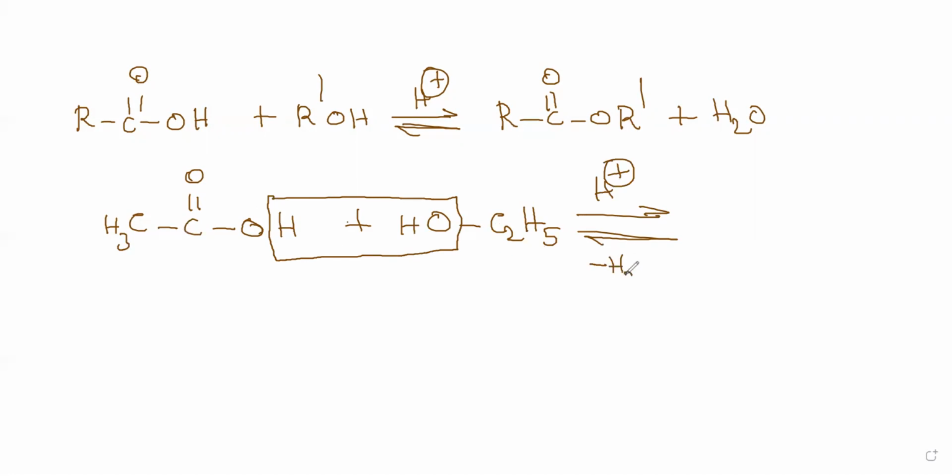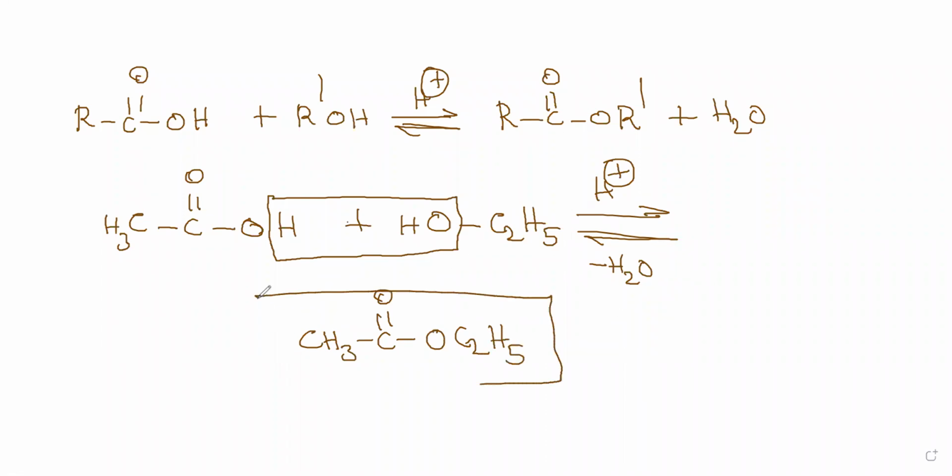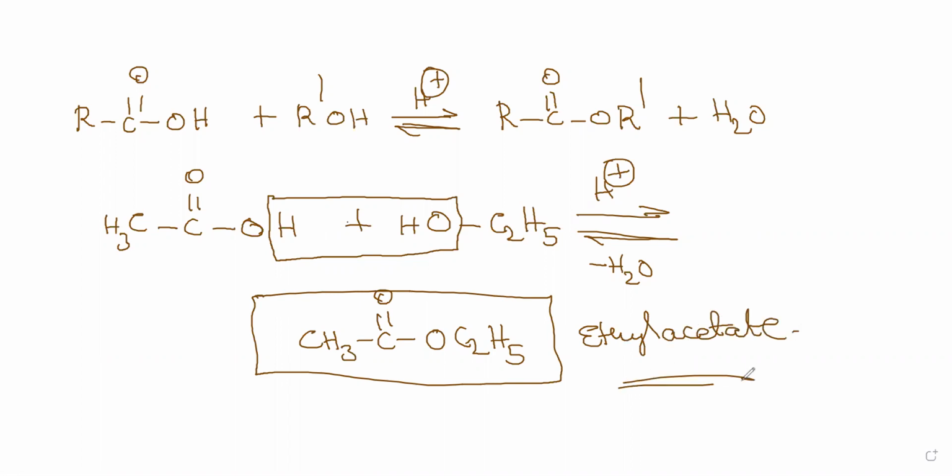In the presence of an acid, both coupled together get dehydrated. So you get CH3COOC2H5, with the loss of water. This is called ester. This is called ethyl acetate.